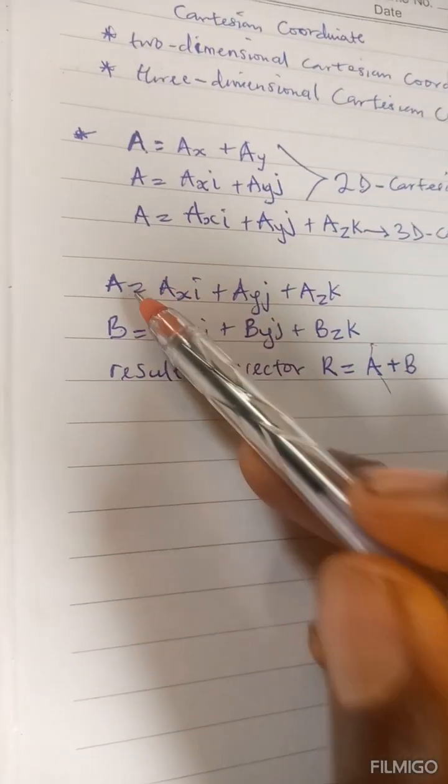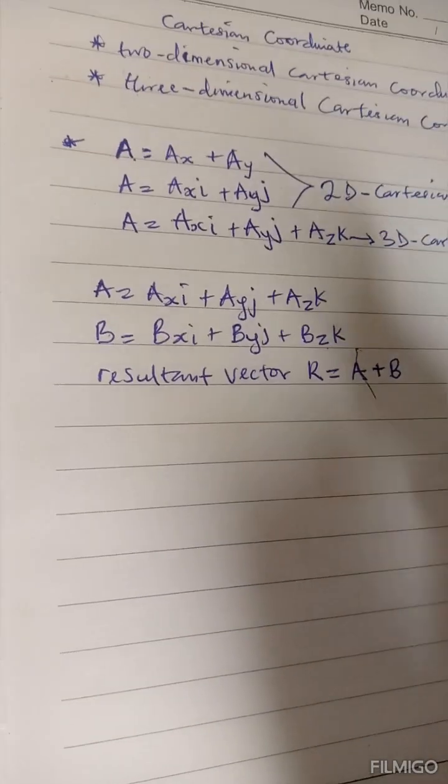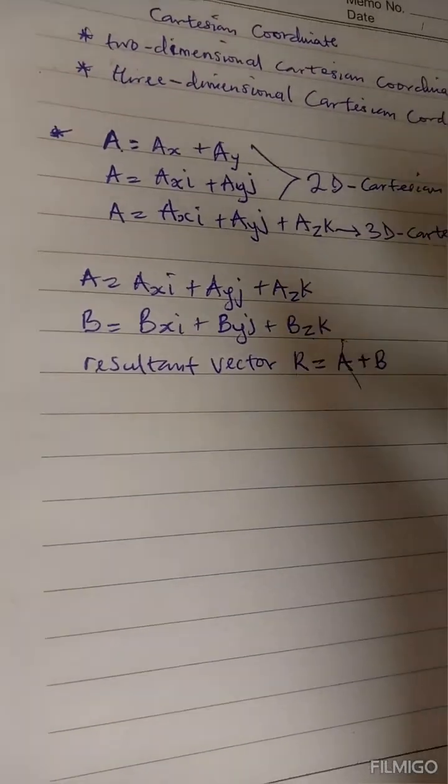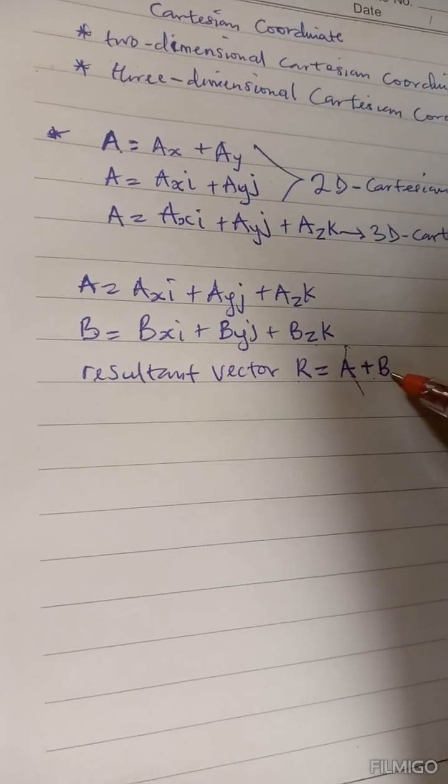So I have vector A and vector B, and then my resultant vector, which is the addition of these two vectors, is equal to A plus B.